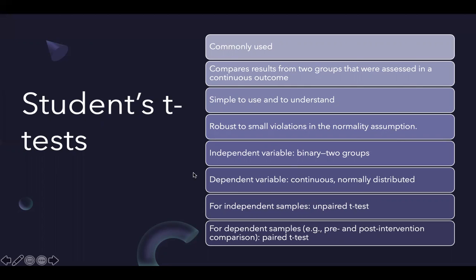However, student t-tests have two forms, unpaired and paired. When we're looking at independent samples, two groups assessed on a continuous variable completely independent of each other, then we use the unpaired t-test. But if we're using one single sample with a pre-intervention and post-intervention measurement, then in this case we use a paired t-test.